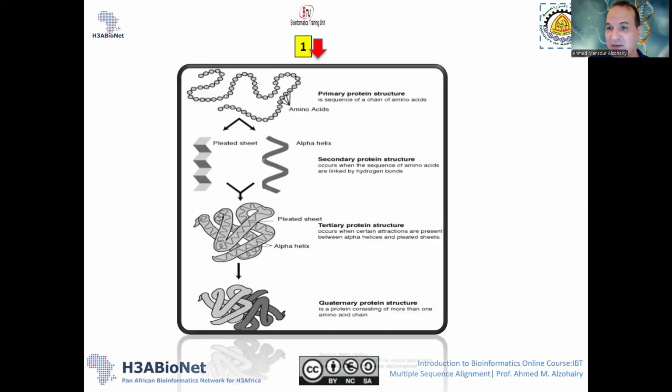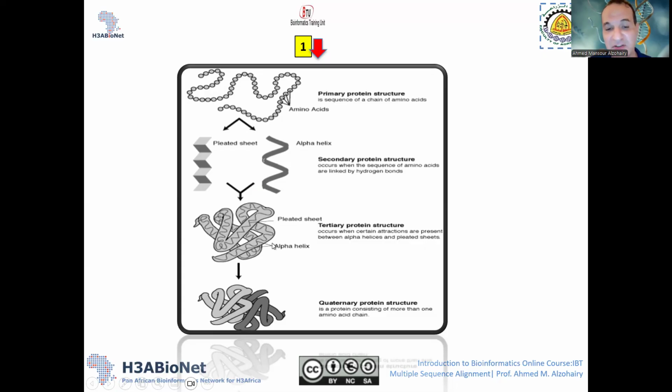Of course, we quickly know that for protein we have the primary structure, which is a chain of amino acids. We also have the secondary structure of protein, which gives us the alpha helix and beta pleated sheet.